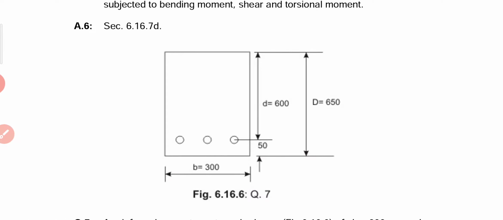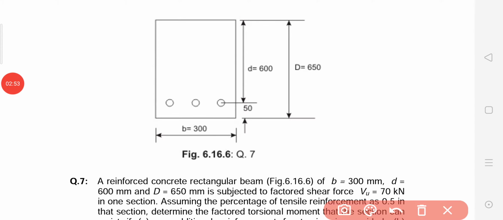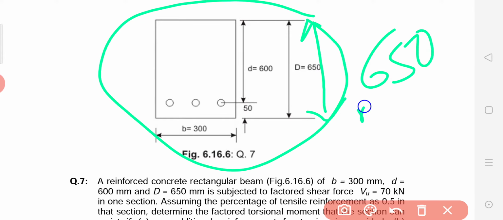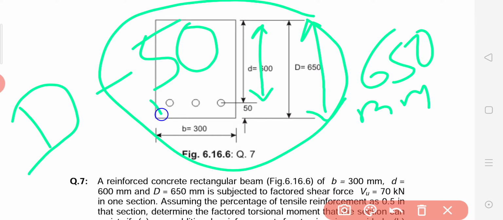So in this question, this is the diagram. Here this is the overall depth, which is 650 mm, and this is the effective depth. From the overall depth we deduct the nominal cover, 50 mm.